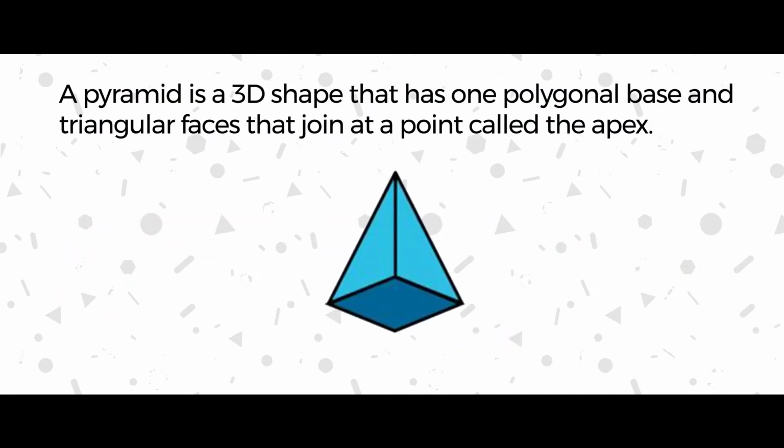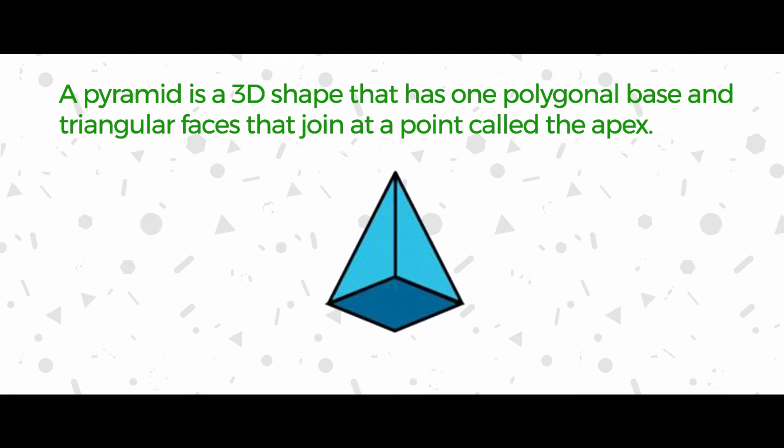Now let us look at what a pyramid is. A pyramid is a 3D shape that has only one polygonal base and triangular faces that join at a point called the apex. Now remember, a pyramid is different from a prism.